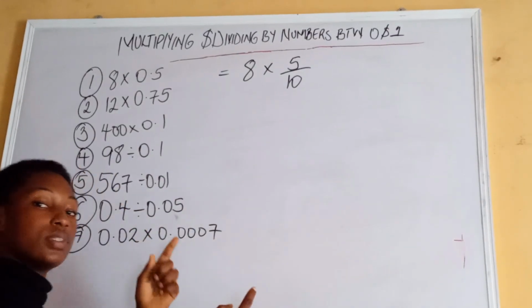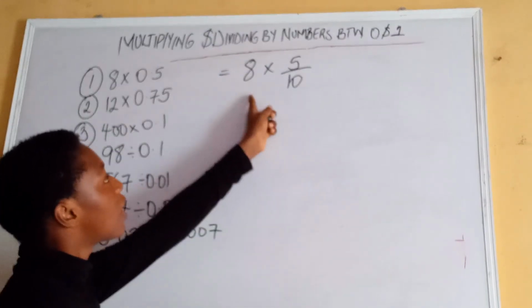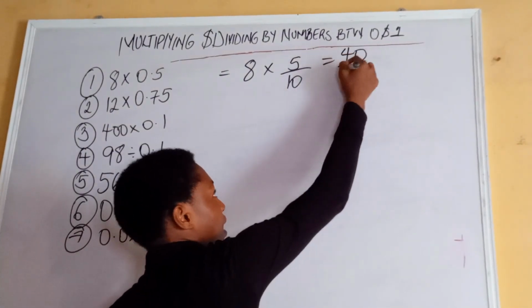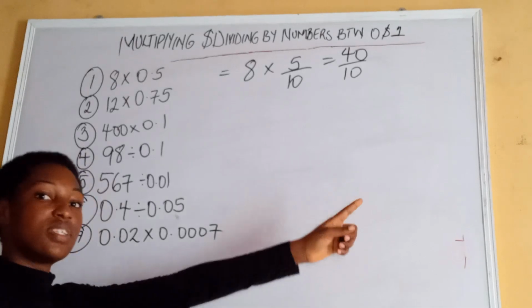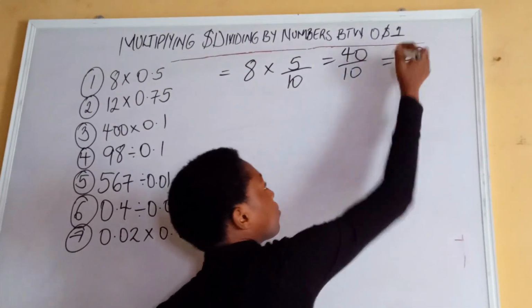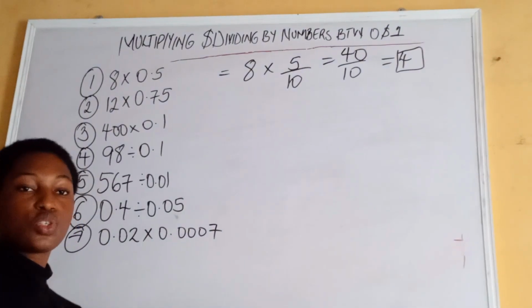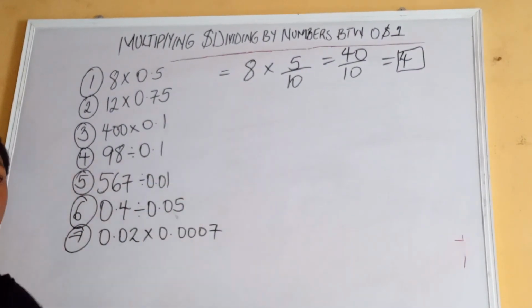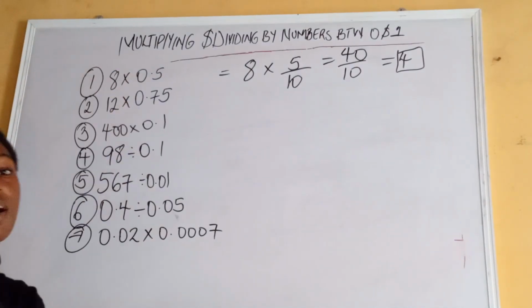And so 8 times 5 is 40 over 10. 40 divided by 10, your answer is 4. So even without solving it, I was able to get my answer because I deduced that 0.5 means half.